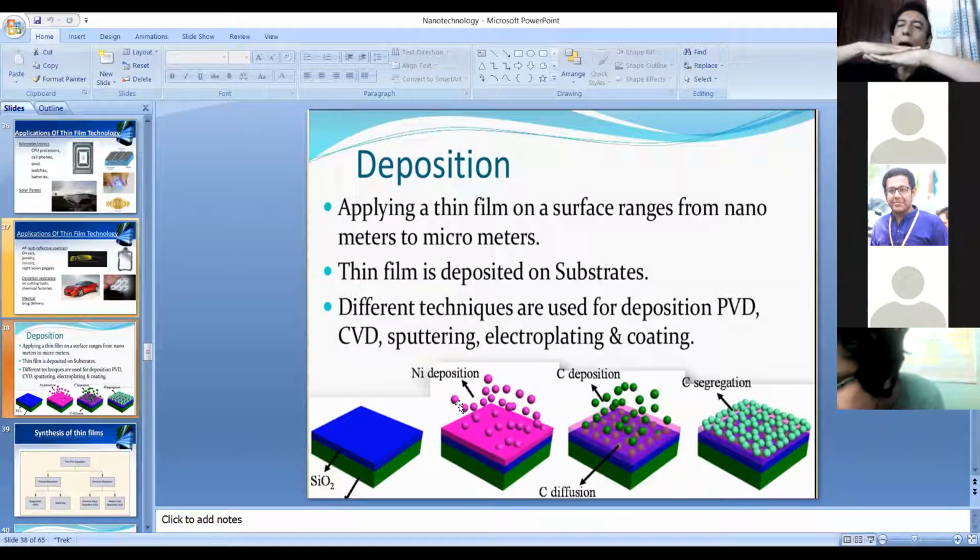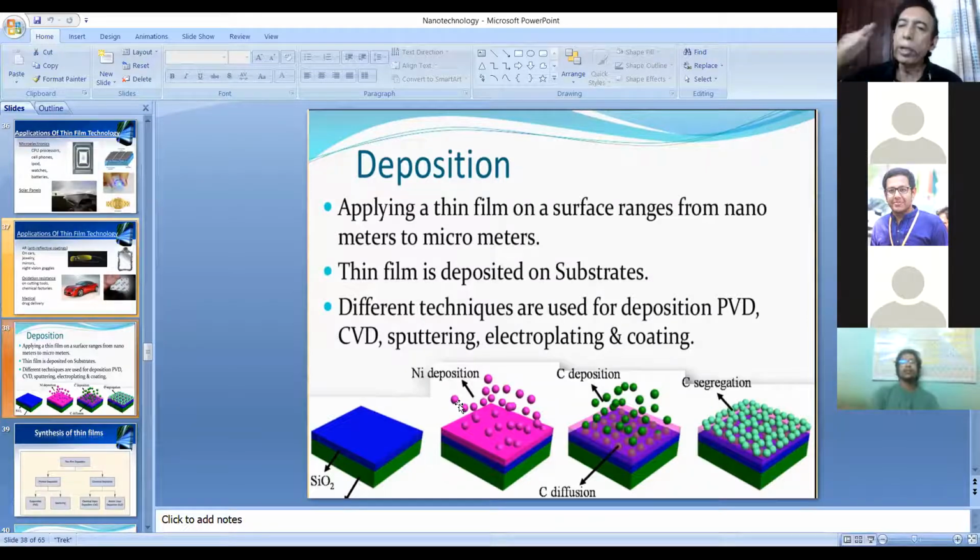If the film has the height of two atoms, we cannot prepare it by our hand, or apply it by our hand. It will be more thick.